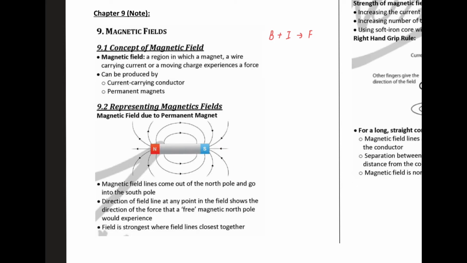Okay, so what is coming out actually? And what is going in? So we need to know about that. The arrow should represent something, right? So it is written at the next point. Directions of field line at any point in the field shows the direction of the force that a free magnetic north pole would experience.